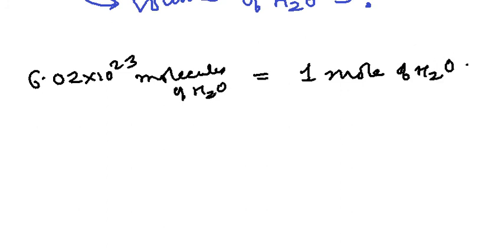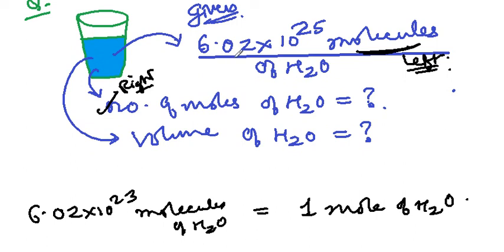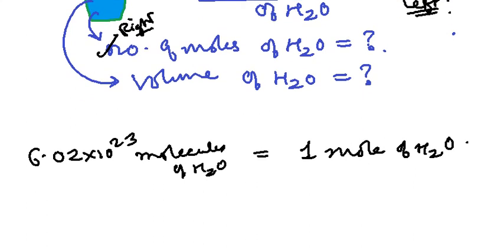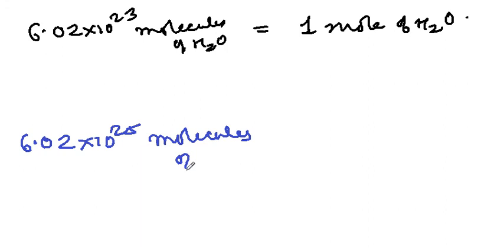And as per the given question, we have 6.02 into 10 to the power of 25 molecules of water. What is the number of moles that is present in this amount?